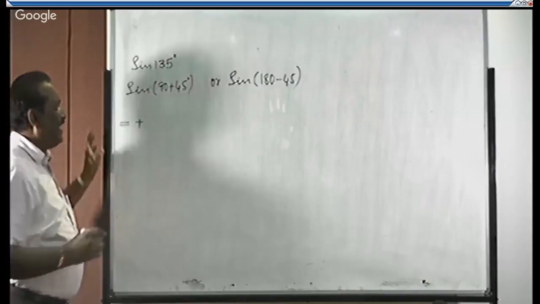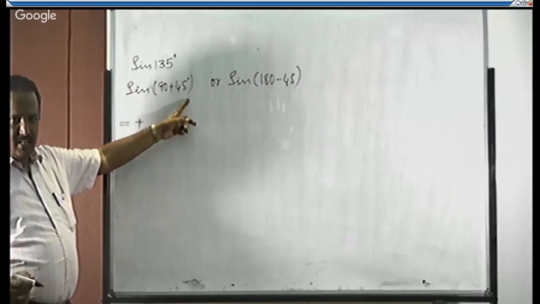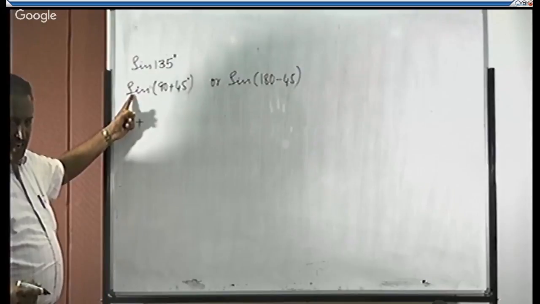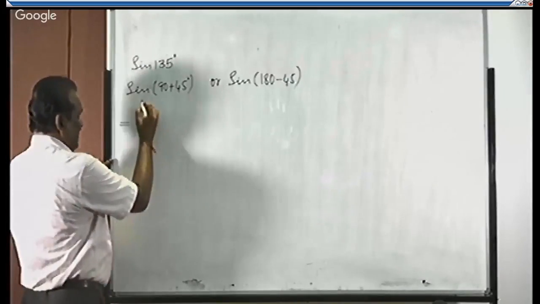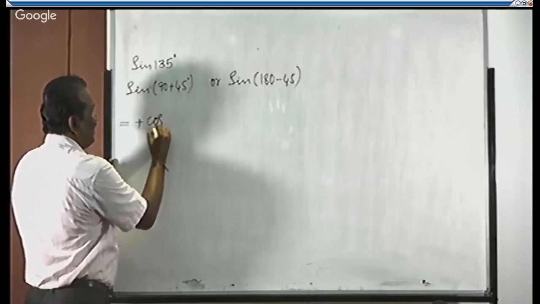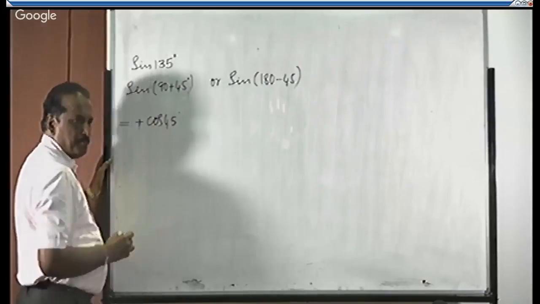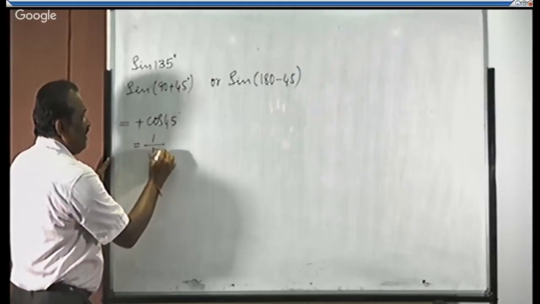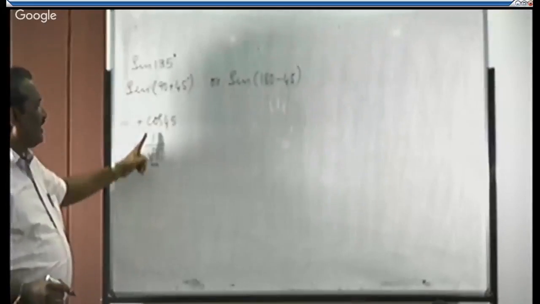When you have any trigonometric function for an angle of the type 90 plus theta, whatever trigonometric function is there on the left side, write its co-function on the right side. Sine is there, its co-function is cos theta. In the place of theta, it is 45 degree. So cos 45, we all know, is 1 by root 2. Therefore, the value of sine 135 degree is equal to 1 by root 2.